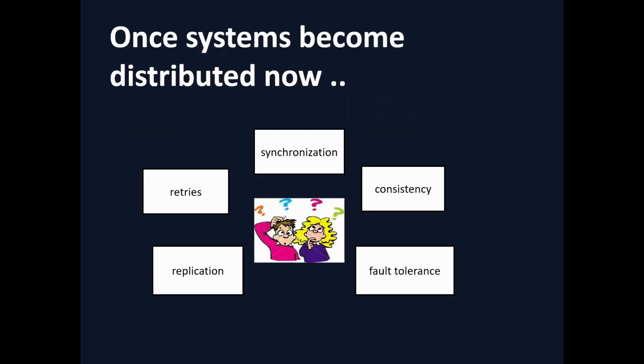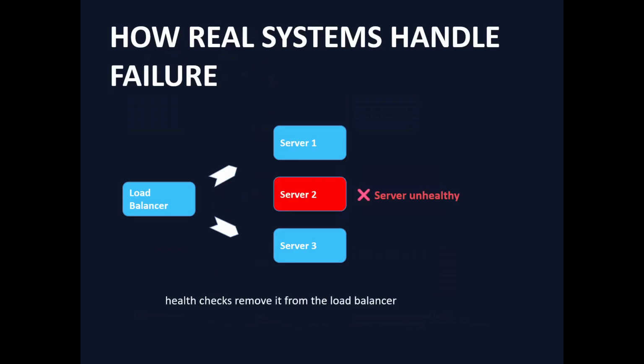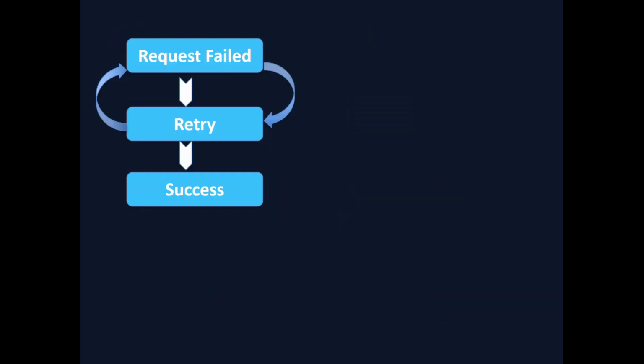Now, we'll see how real systems handle those failures. Real systems are designed expecting failures. For example, if one server becomes unhealthy, health checks remove it from the load balancer and continue serving other healthy servers. If any request fails, a retry mechanism tries again.